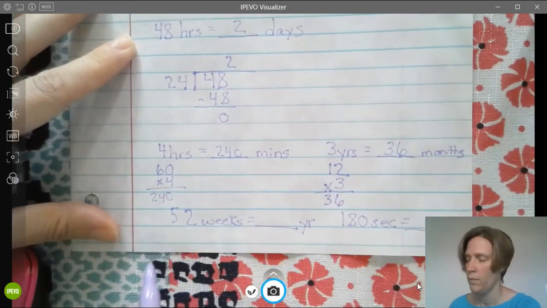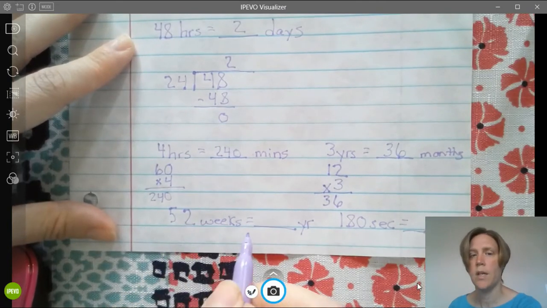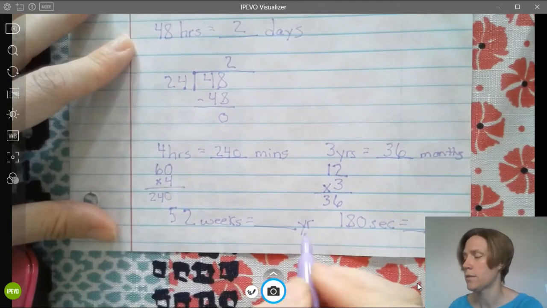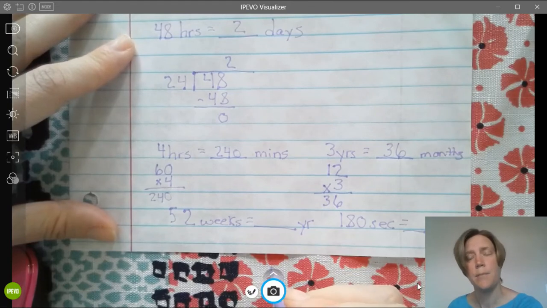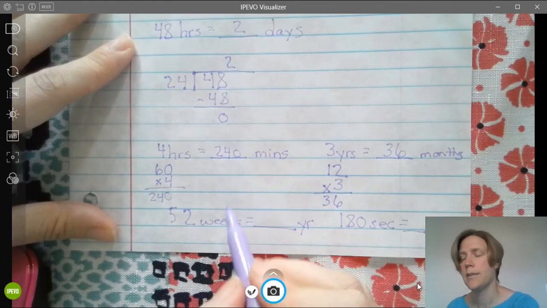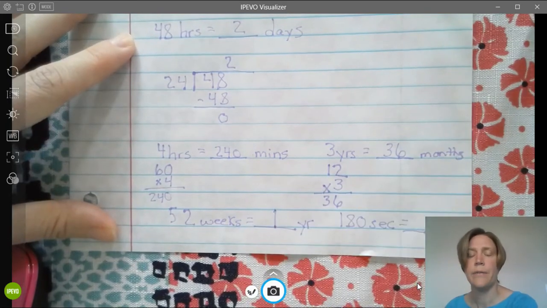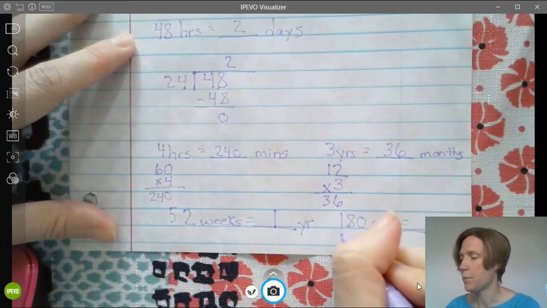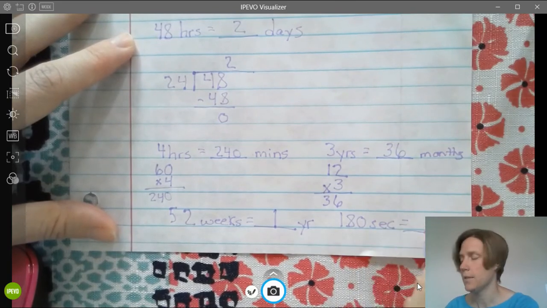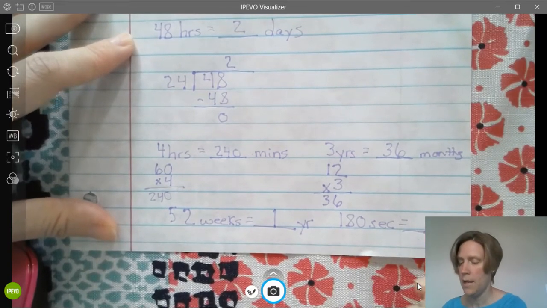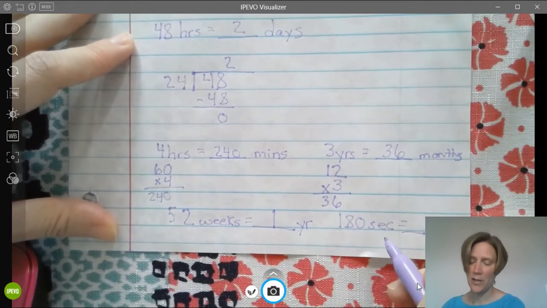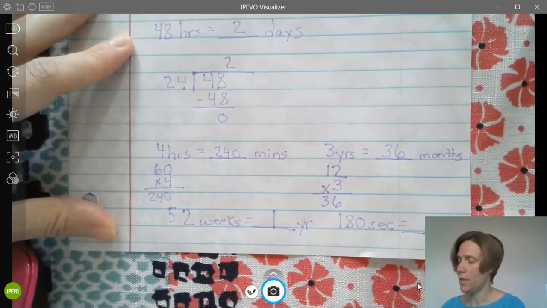All right, on this one, 52 weeks equals blank years. I don't have to do the math. If I look at my chart, I can see that 52 weeks equals 1 year because there are 52 weeks in 1 year. On our last one, 180 seconds equals blank minutes. I'm going from a smaller unit to a larger unit, so I need to divide.